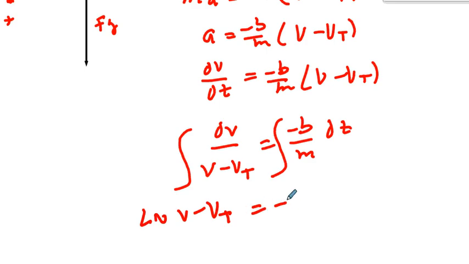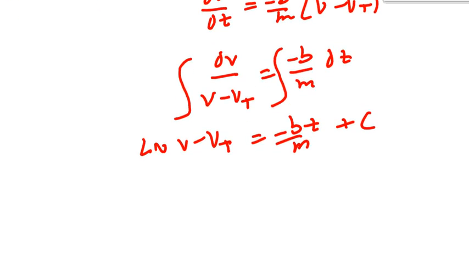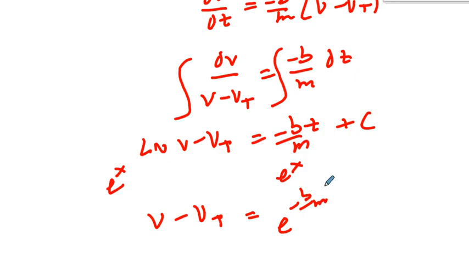And this one's going to be minus b over m t plus some constant c that may have fallen off. We'll be able to figure out what that is soon. Okay, so now I have it in terms of a natural logarithm. So if I take e to the power of this side and e to the power of this side, I will get rid of the natural logarithm here. So that's v minus vt equals e to the minus b over m t plus c, because I'm taking e to this whole side.